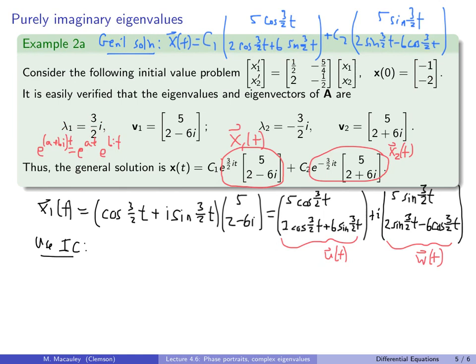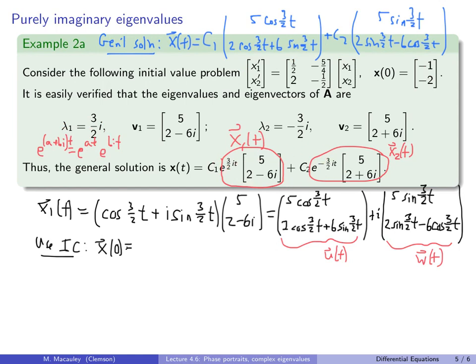So let's say that x of 0 equals, okay, so we've got to plug 0 into here. You can also plug it into here. It actually really doesn't matter if you plug it into here or into here. And this actually might be a little bit easier, so let's do this.